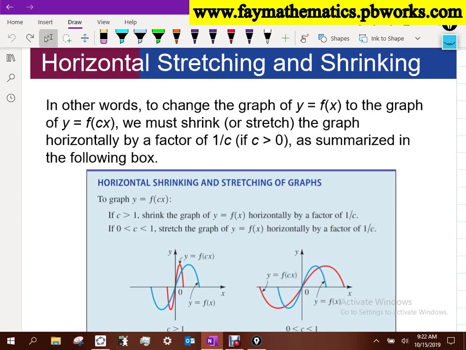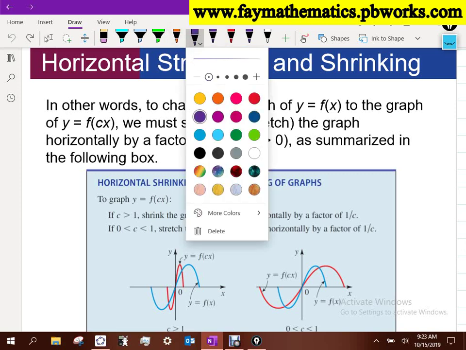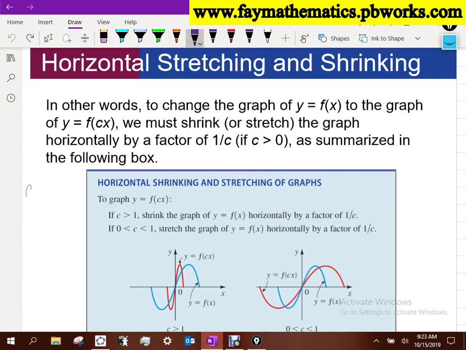So what that would look like if I gave you a specific function is something like, if I have f of x equals, let's just say, x squared, then what they're saying is that your f of cx is going to be like (2x) squared. Which, if we did a little bit of algebra, which you can do here, would give you 4x squared, wouldn't it?